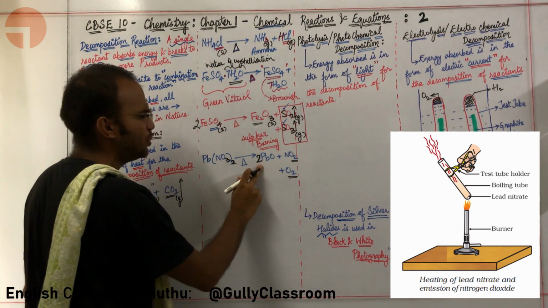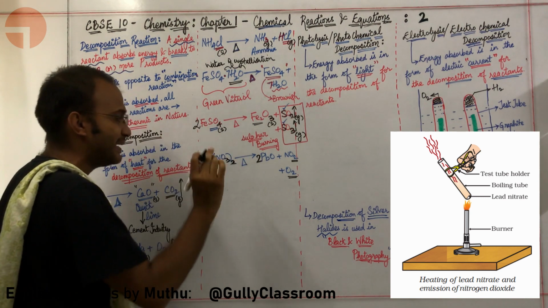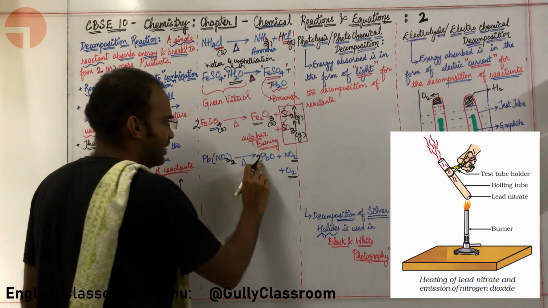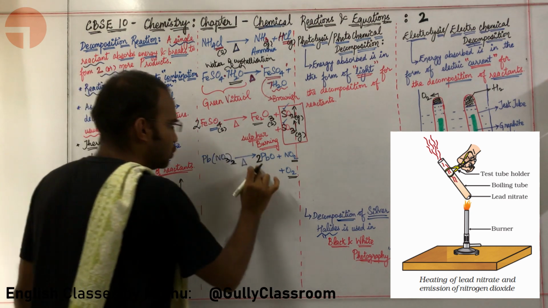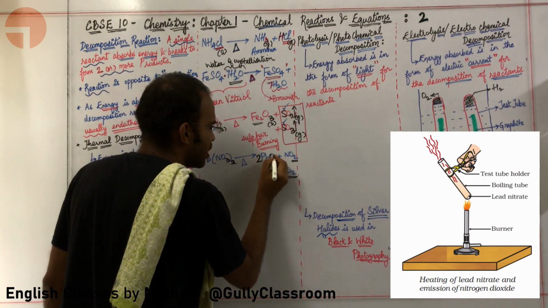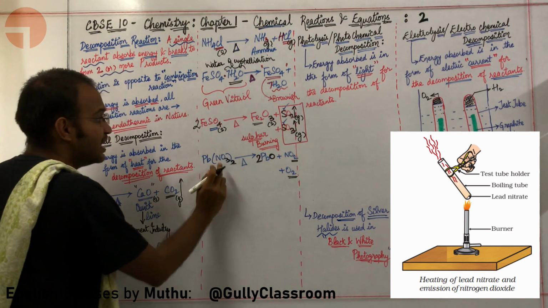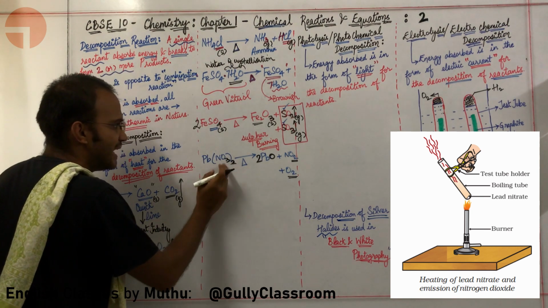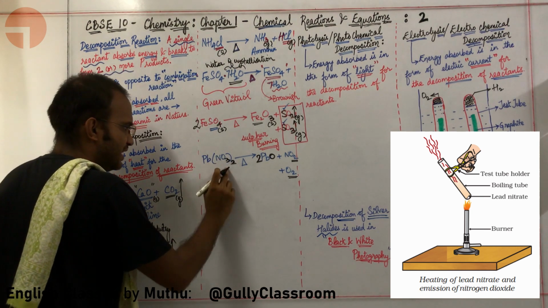Why did I put 2 here? I put 2 here in order to convert this oxygen into an even number. The total number of oxygen in the LHS is definitely even.